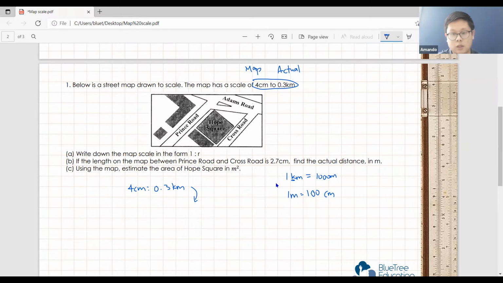For the km, as long as it involves a k, it must be 1000. So if you involve a conversion from km to cm, you always write this basic conversion first and think about the number. When you change from kilometers to meters, does the number increase or decrease? It gets bigger, right? From 1 to become 1000, you multiply by 1000.